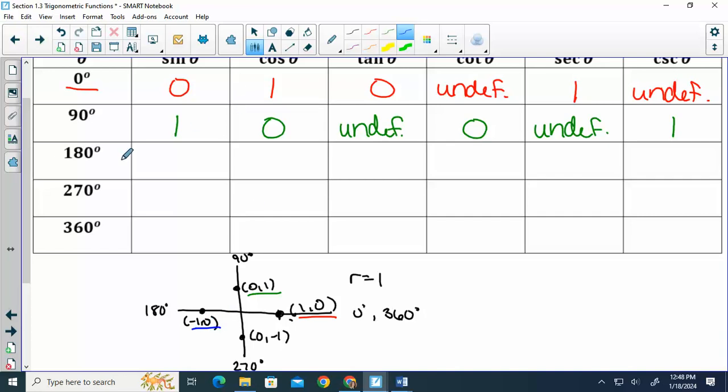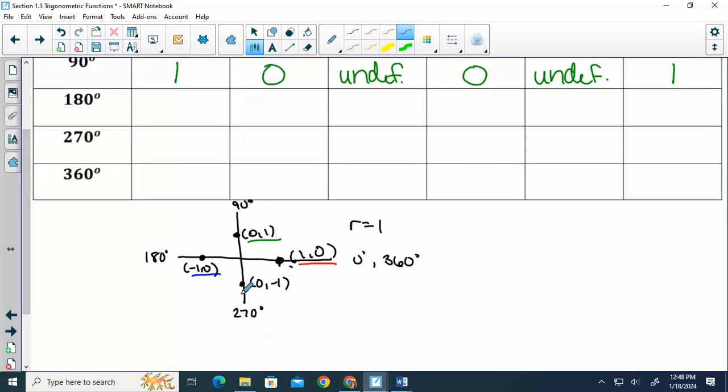So for 180, y over r for sine would be 0 over 1. Cosine, x over r, negative 1.